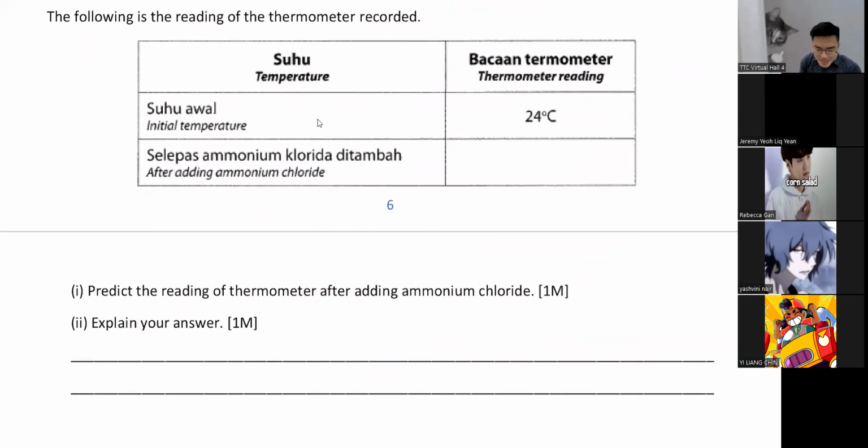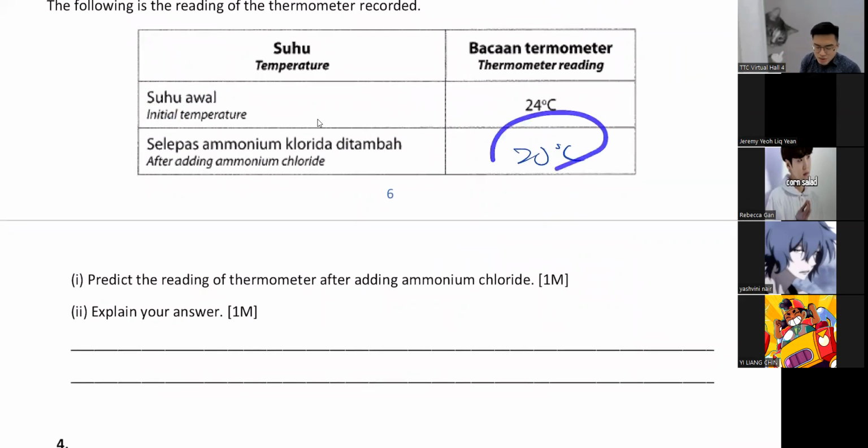Okay, so what's the initial temperature? The initial temperature is 24. So what is the final temperature? You guess it yourself. I will put 20 here. Up to you. If you want to say 15, can; 16, 17, 18, can. Please don't say 0, not so exaggerated. This thing won't turn into ice, but it will become cold. That's my point.